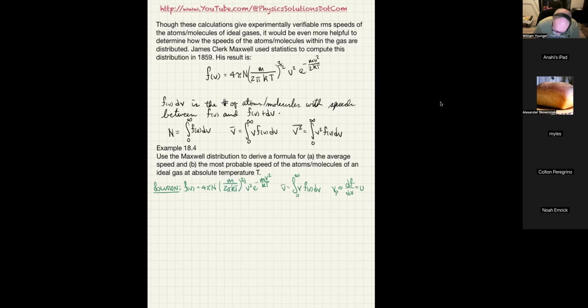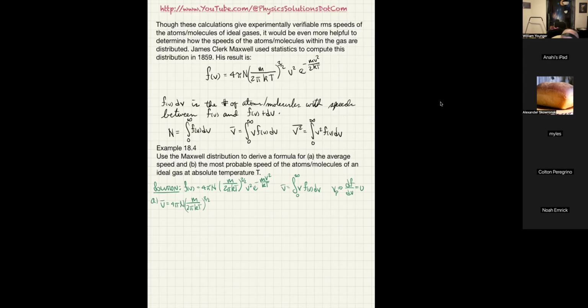This other one's actually a little tricky, but you get to use something kind of neat. Specifically, we use the integral of u dv equals uv minus the integral of v du, integration by parts. So let me show you how we do it. Here's part A. v bar is equal to 4 times pi times n times m over 2 pi kT to the 3 halves.